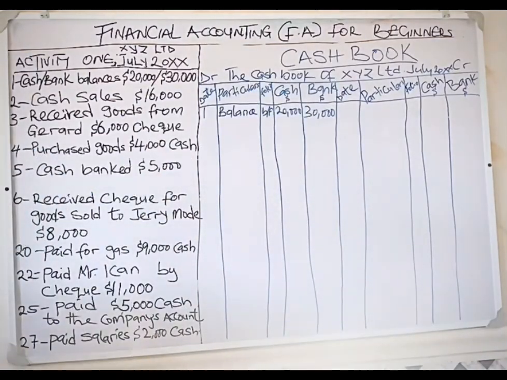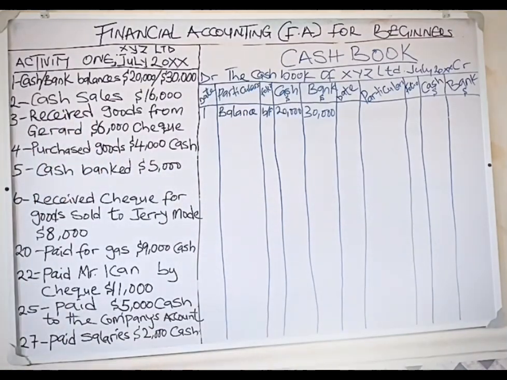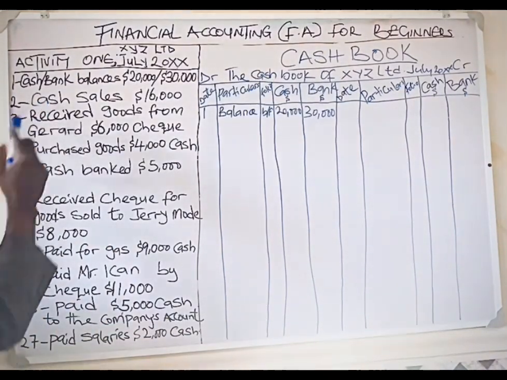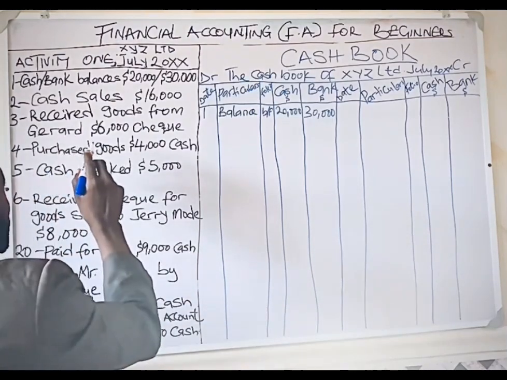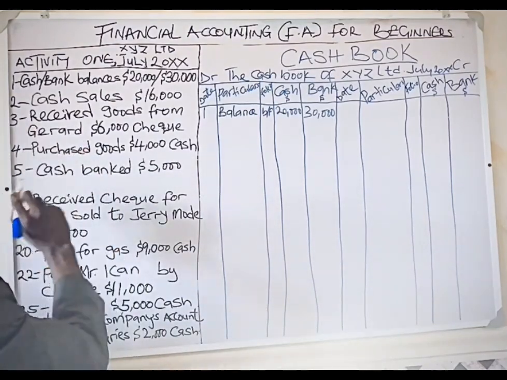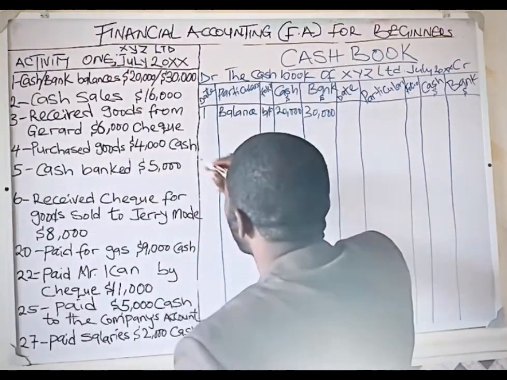The second transaction is cash sales. In accounting, whenever we say cash sales, we mean you sell and you receive cash. So this is a debit transaction because we sell and we receive cash of $16,000. We sell and we receive, that is debit.